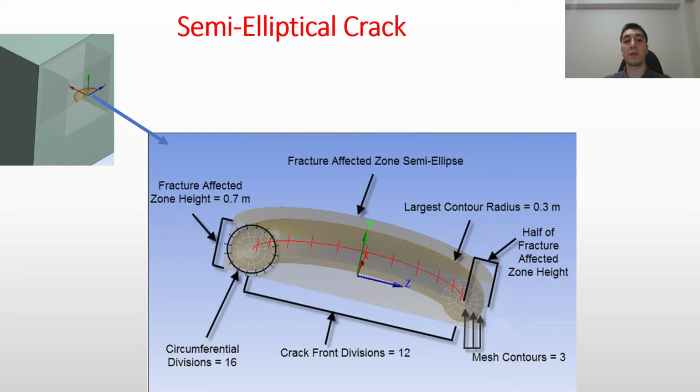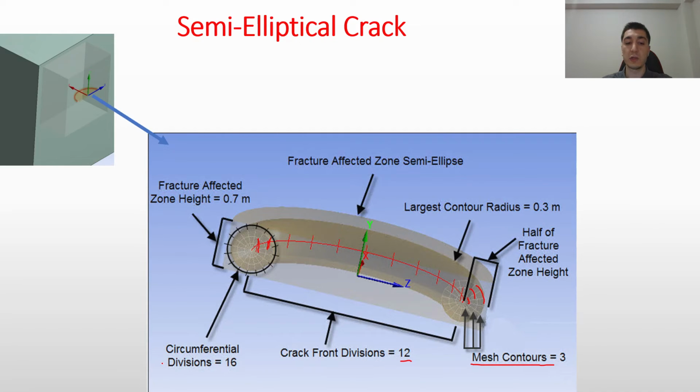So let's make it more understandable. Mesh contours is here. By the way, this picture is directly taken from the ANSYS website. If mesh contours is 3, that means there are 3 circles around here. And also, if crack front divisions is 12, that means this red line is divided by 11.